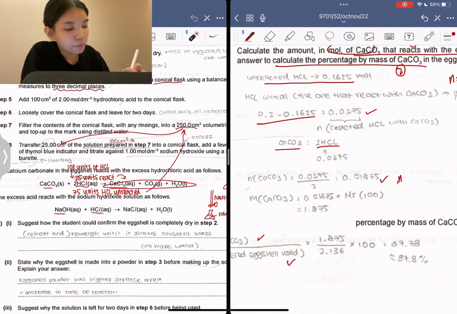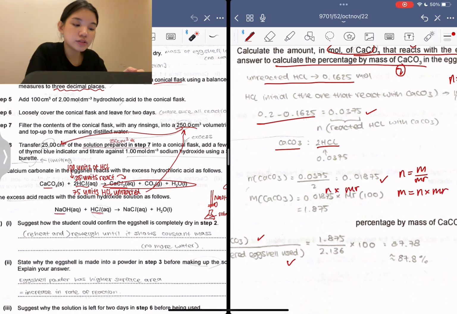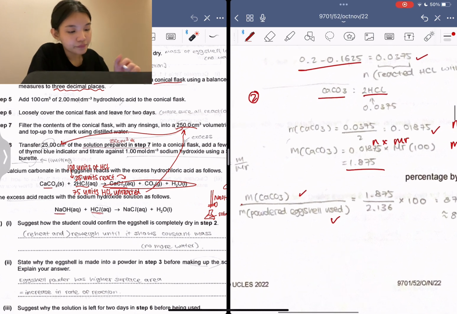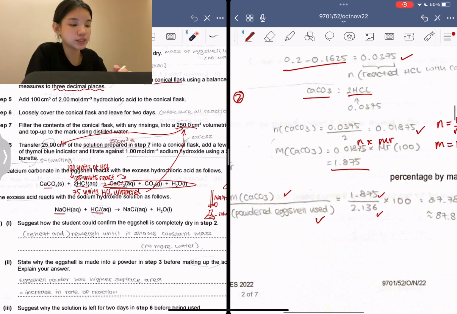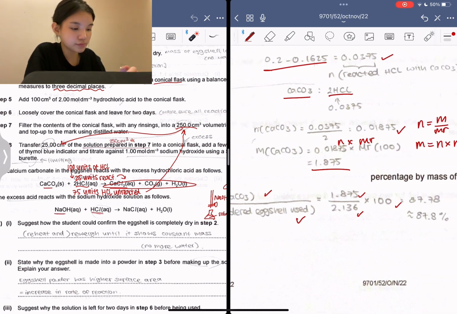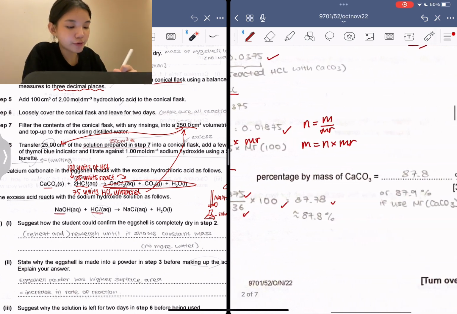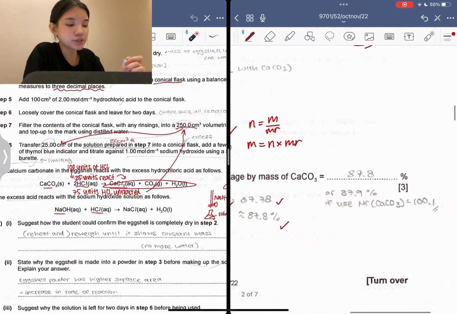Then moles is equal to mass over Mr, so mass is equal to mole times Mr. The Mr of CaCO3 is 100. 100 times 0.01875 is 1.875. Then 1.875 is divided by the previous number 2.136 times 100 to get 87.78, or 87.8% in 3 significant figures.